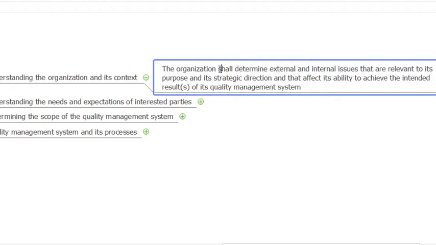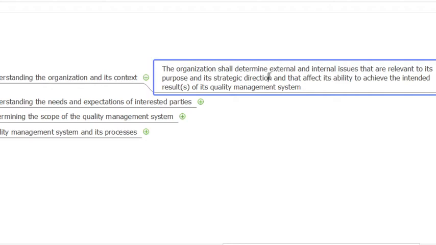If you are reading any standard, just go through the "shall" terminology. Shall means we have to maintain evidence, or we have to know about the external and internal issues. Here is one sample example.